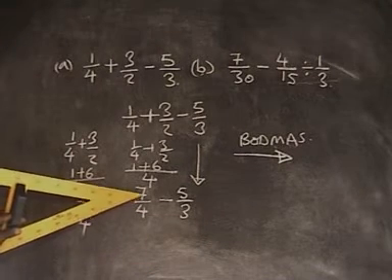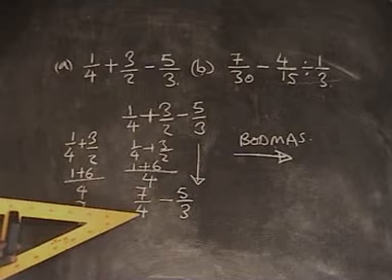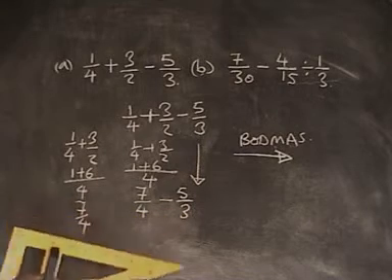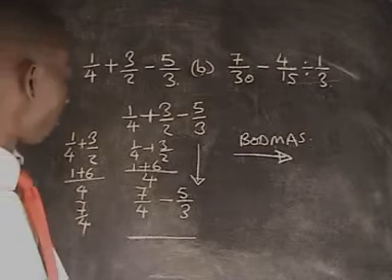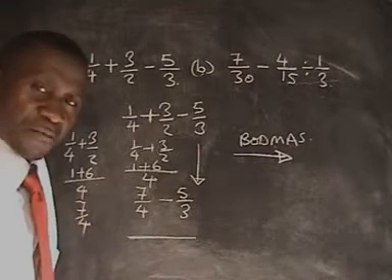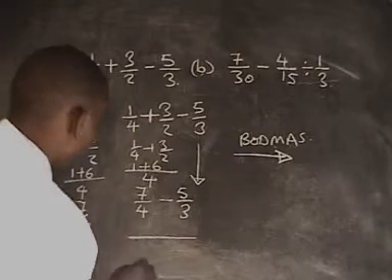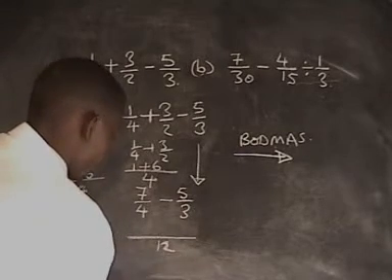As you can see, the way we subtract 7 over 4 and 5 over 3, you look at the denominators, 4 and 3, which means that you have to look for the smallest number into which 4 and 3 can divide without leaving any remainder, and that number is 12.